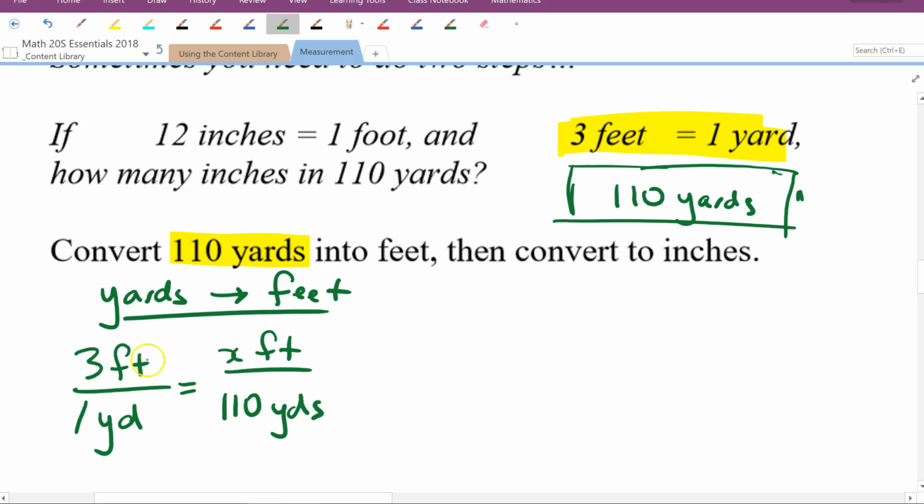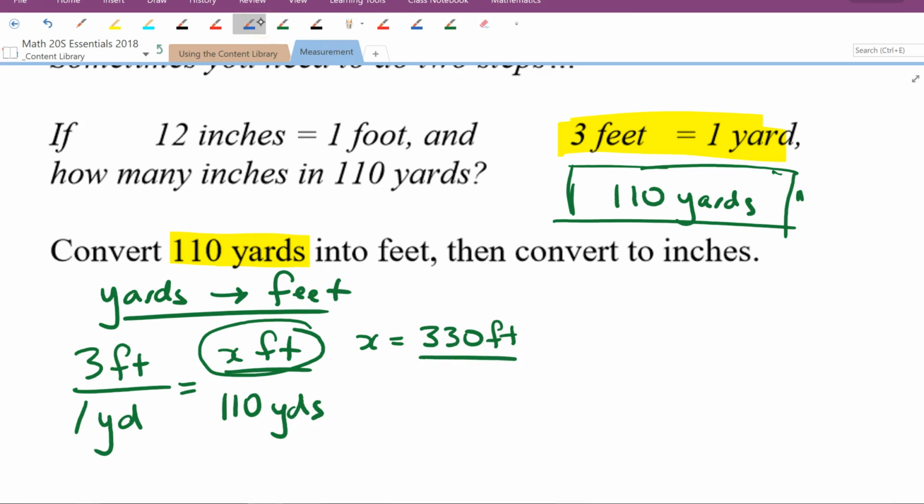The fact is that we got to be consistent. So I got feet on the top and I got yards on the bottom. Now I'm going to do my cross multiplying. So 1 times x is just x. And then 3 times 110 is going to be 330. And 330 what? Well, x belongs with feet. So I'm going to say 330 feet. Okay, so that's the first step.